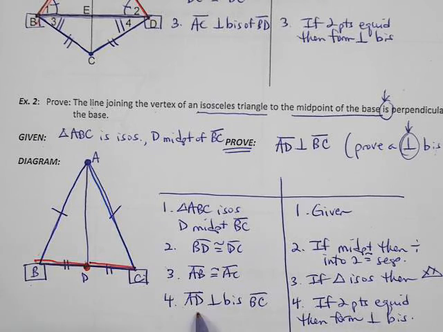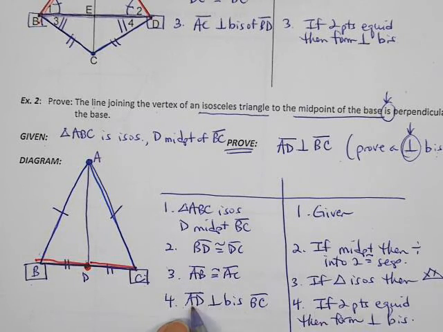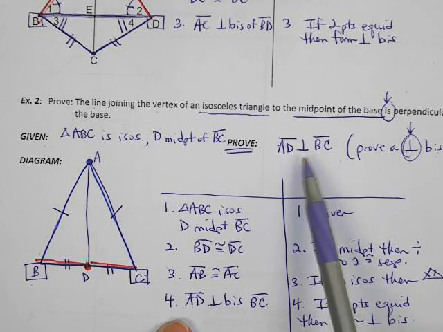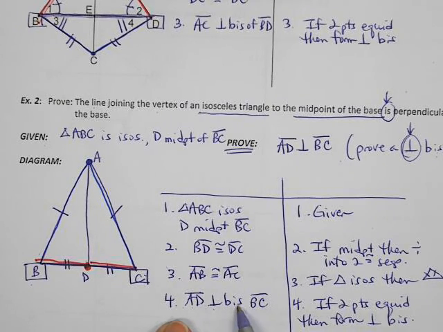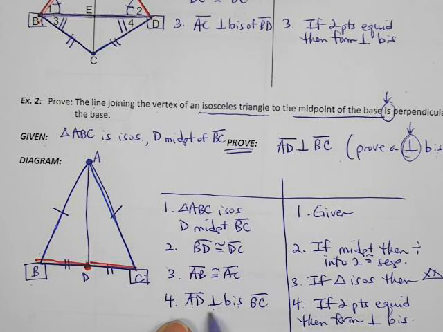Now again, this isn't exactly what's written here, but we definitely covered it. I have proved a perpendicular bisector of BC. I really only needed the perpendicular part. But again, the only way we know how to prove perpendicular right now is to prove a perpendicular bisector. So anytime you see that in the prove, know you're shooting for this.